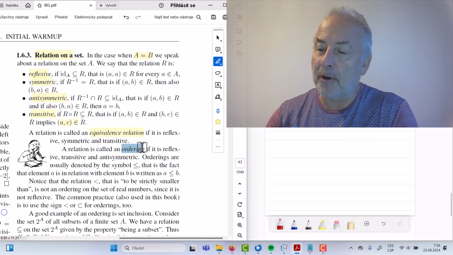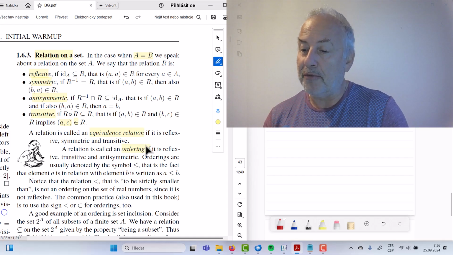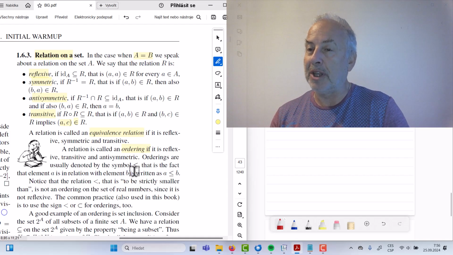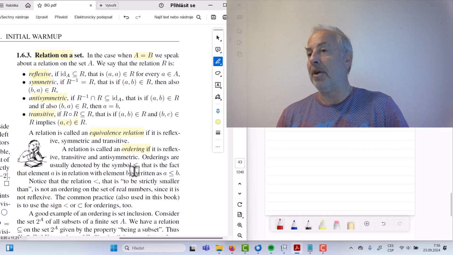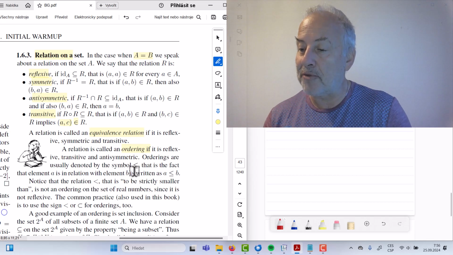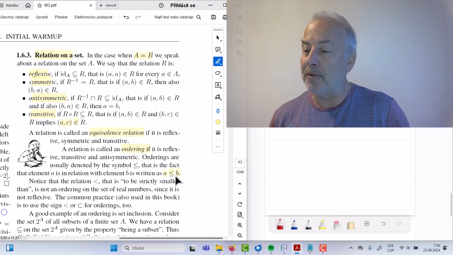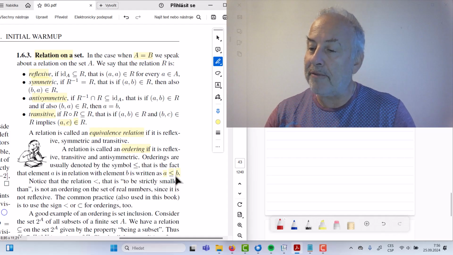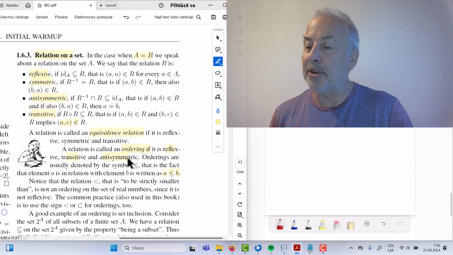Another type of relations is ordering, which is nearly the same literally, but completely different in fact, because an ordering is something like ordering of magnitudes or ordering on natural numbers or whatever. So we say that A is less or equal to B, and we want the ordering to be reflexive, transitive, and antisymmetric.